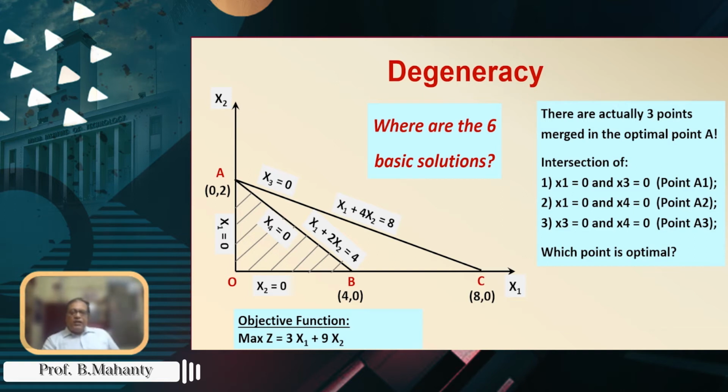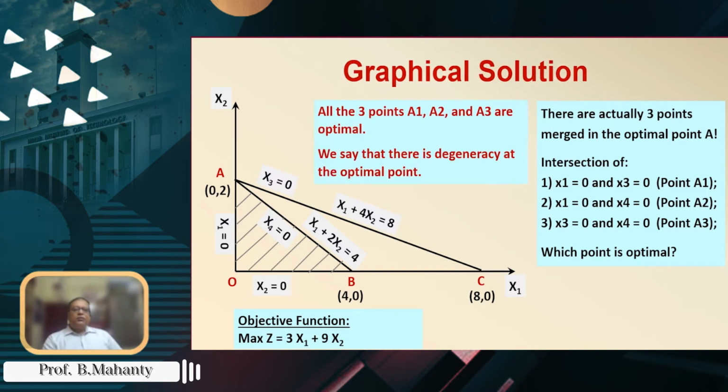So these are the various issues that are related to the concept of degeneracy. Is it all right? So this is what happens. Graphically all 3 points are optimal, and we say that there is degeneracy at the optimal point. Is it all right? Because 3 points are merged at the optimal point A, and therefore we are having this kind of situation.